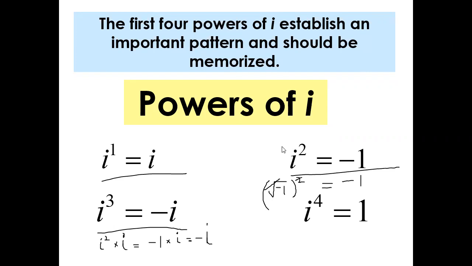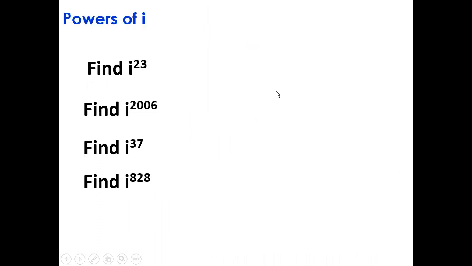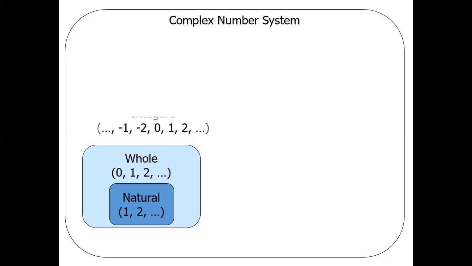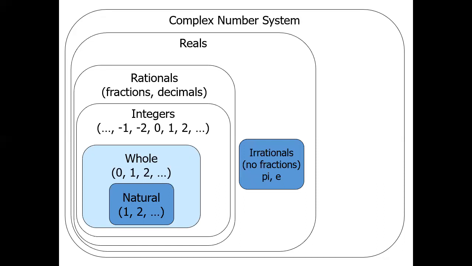Now the next thing we need to understand is the fact that complex numbers consist of both real and imaginary components. The complex number system itself comprises the real numbers and imaginary numbers.